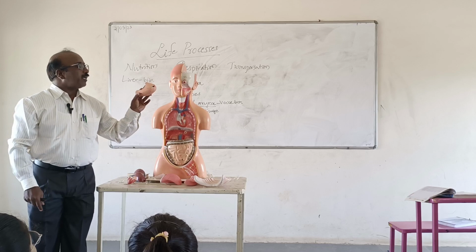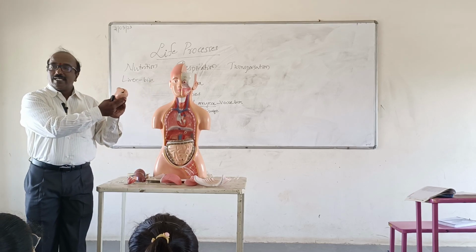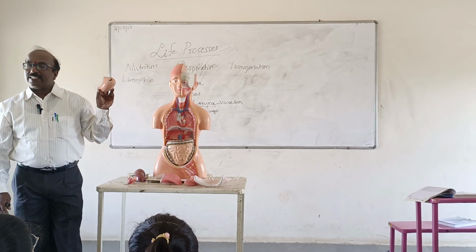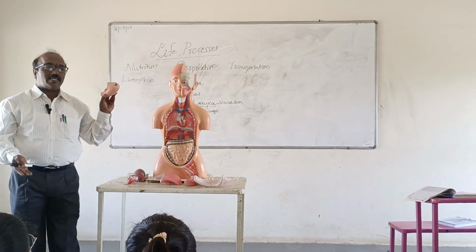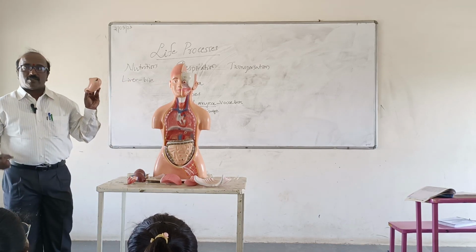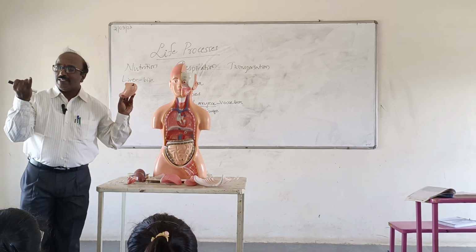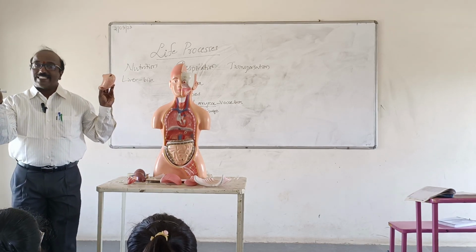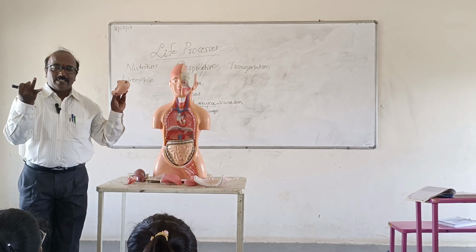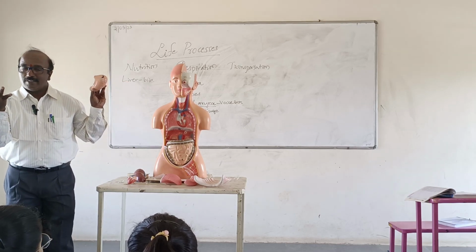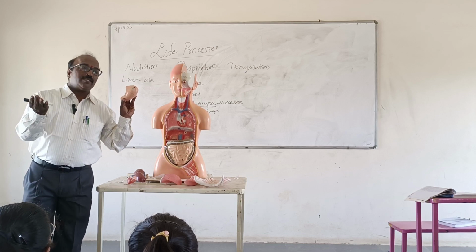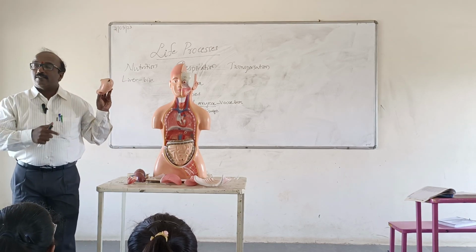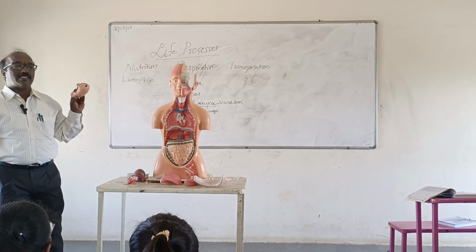This is the stomach. The stomach secretes gastric juice. What does gastric juice contain? Gastric juice contains mucus. It contains enzymes called pepsin, renin, and lipase. It also contains dilute hydrochloric acid.